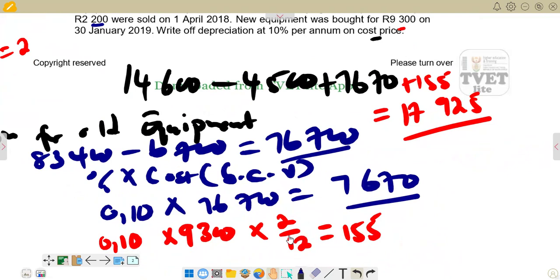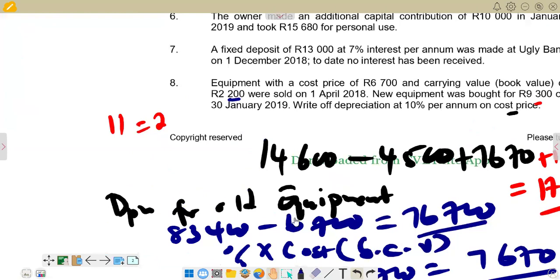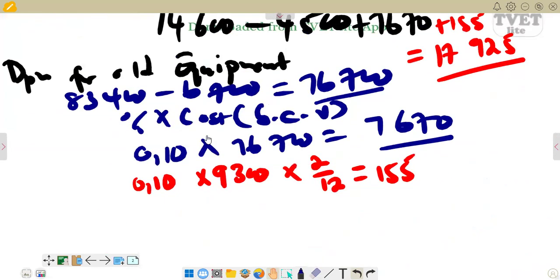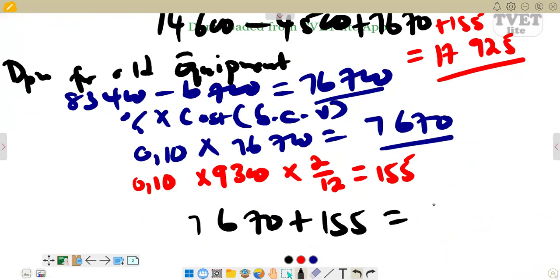So for depreciation for the year now, for the old equipment it is 7,670 plus the one that was bought during the year, 155, and then we get 7,825.